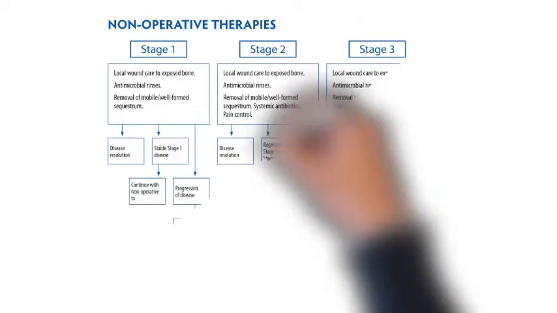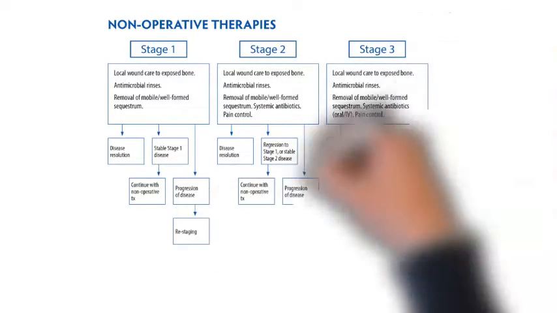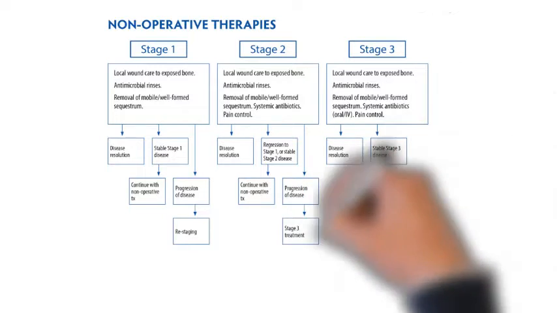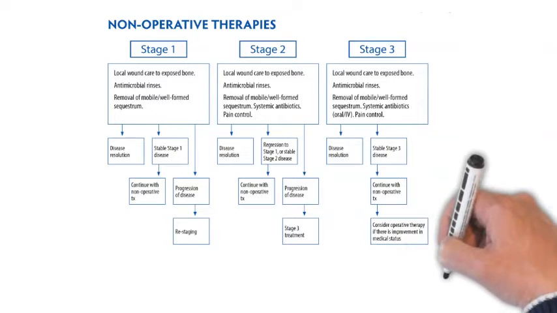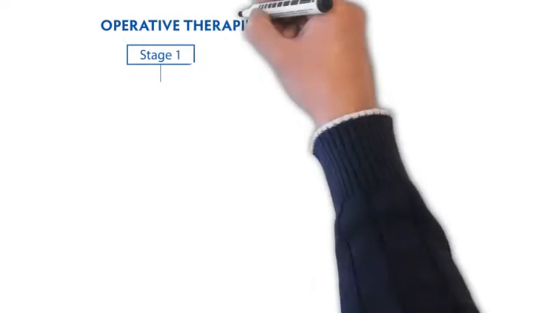Management. Non-surgical therapy strategies include stage 1, 2 and 3 as shown. This utilizes local wound care, antimicrobial rinses and removal of well-formed bone sequestra. Antibiotics are used in stage 2 and 3.